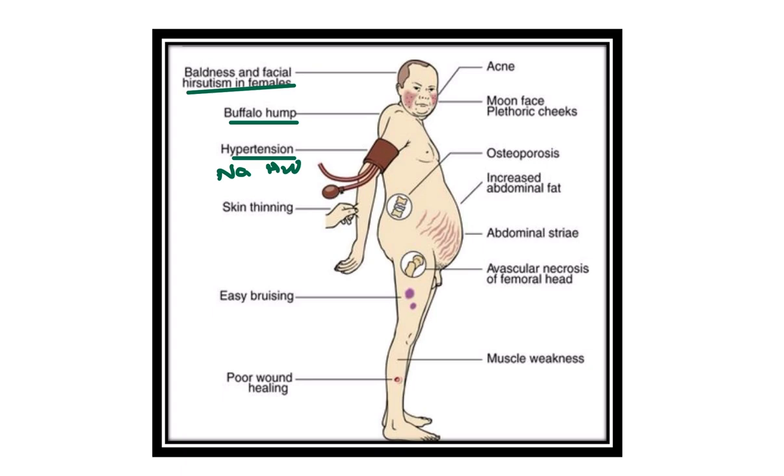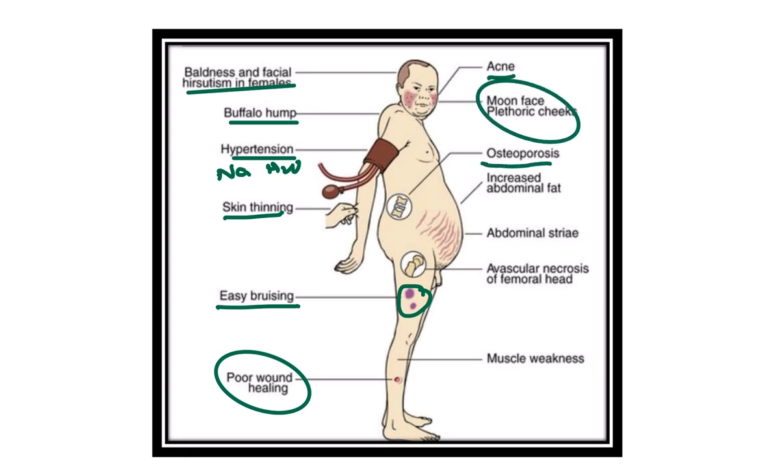Skin thinning. Easy bruising, as the collagen synthesis and maturation are impaired. Poor wound healing, when there is a wound, wound healing decreases. Also there is a chance of development of acne. Moon face may develop.